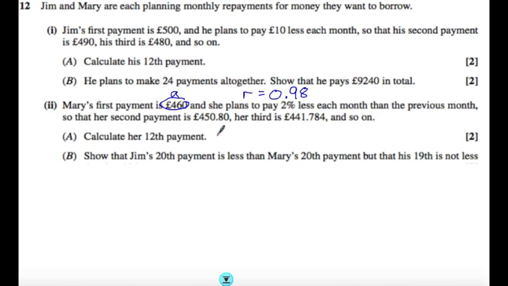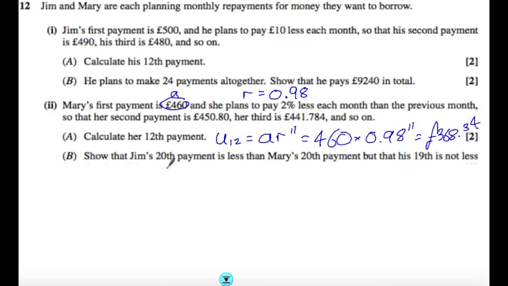So her 12th payment, so U12, is going to be AR to the 11. Again, all these formulae are in your book, so Un is AR to the n minus 1, so U12 is AR to the 11. So this is going to be 460 times by 0.98 to the 11, which is £368.34.